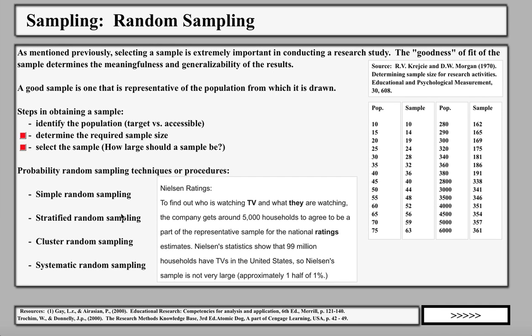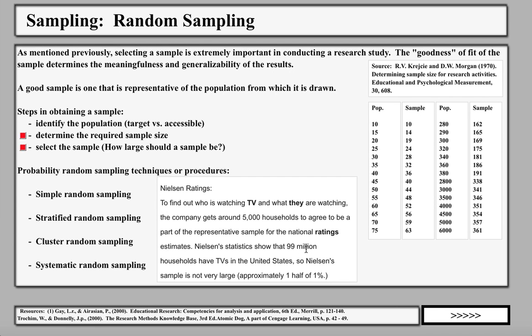As an example, the Nielsen ratings, which are the television ratings, Nielsen collects data on what the country watches in terms of TVs. They have some electronic ways of doing that, and they do it by diary also. But there are 99 million households that have televisions in the United States. They use a sample size of 5,000 out of that 99 million.